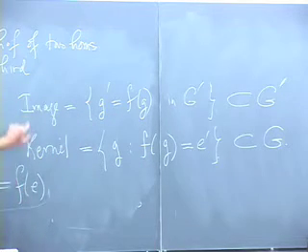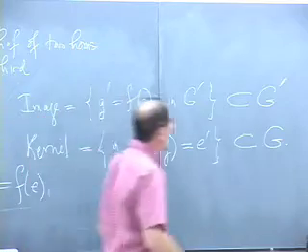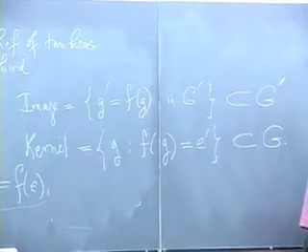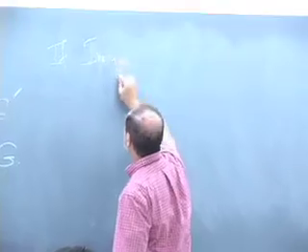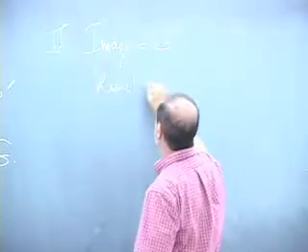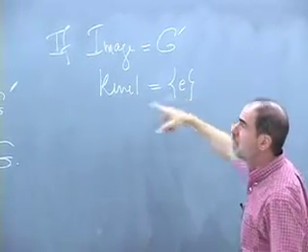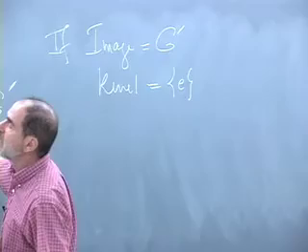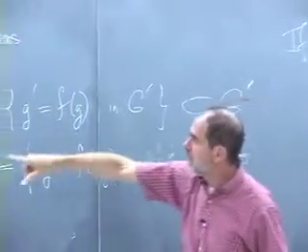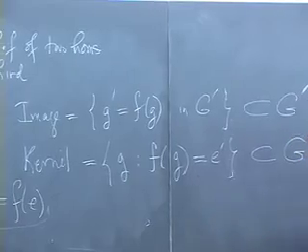And if both of these are the trivial element, if the image is equal to G prime and the kernel is equal to the set e, which is always in the kernel, the image always contains e prime by the fact that f of e is e prime, and the kernel always contains e.